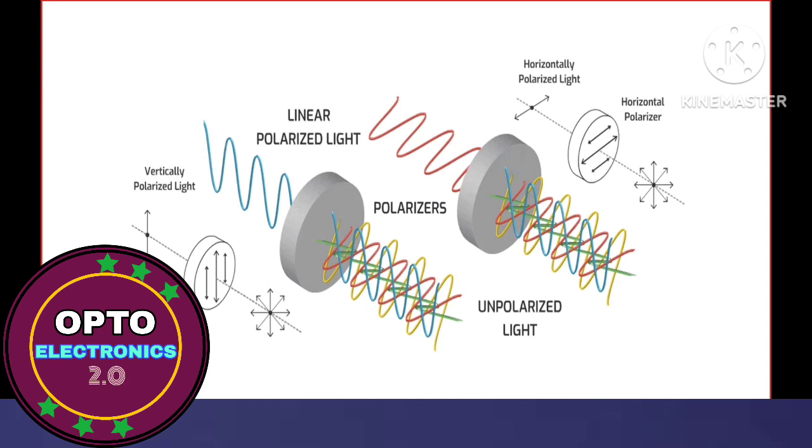You have two examples here. This is your vertical polarizer that is giving you the light in the vertical manner. And again you have the horizontal polarizer. This is giving you the light in the form of horizontally polarized light.